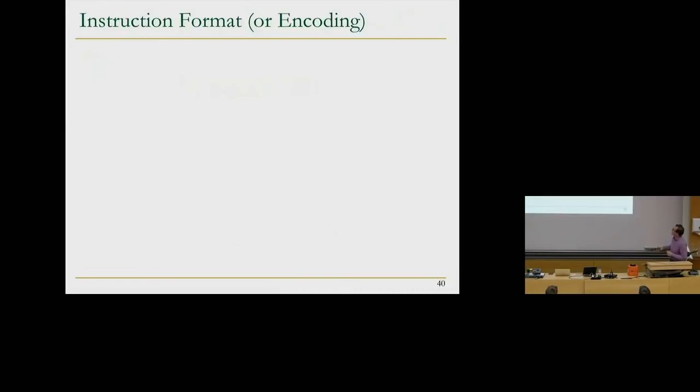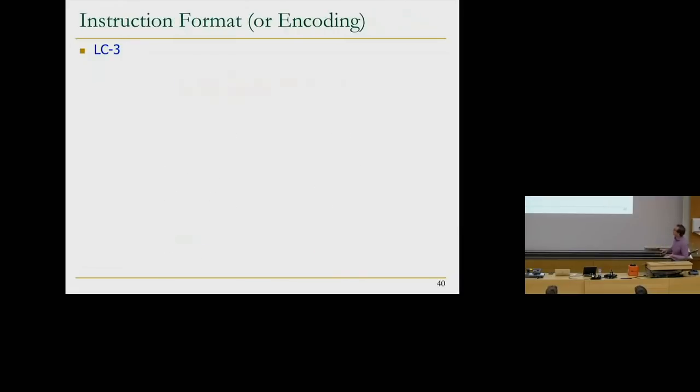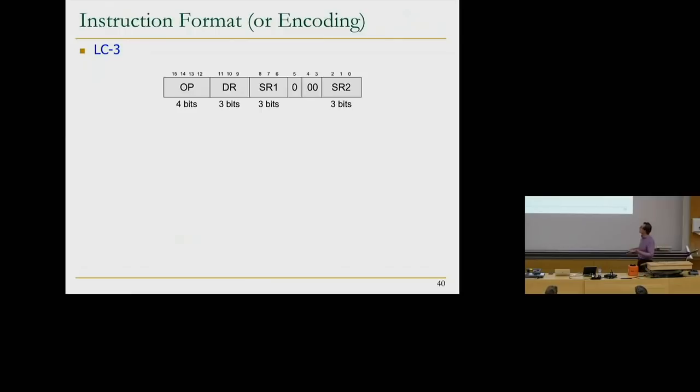code. So basically, how is this thing defined? This is defined by the instruction set architecture, and it's called the instruction format. In LC3, instructions look like this. At least the operate instructions look like this. You basically have the opcode in the top 4 bits of the 16-bit word in memory that specifies an instruction. And then you have the destination register in the next 3 bits, source register 1 in the next 3 bits, and source register 2 happens to come from the bottom 3 bits.